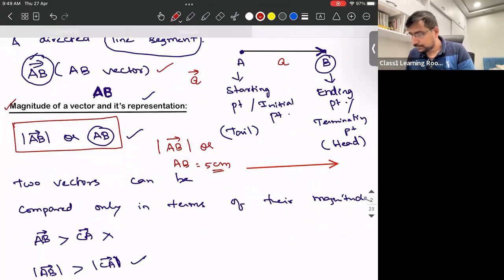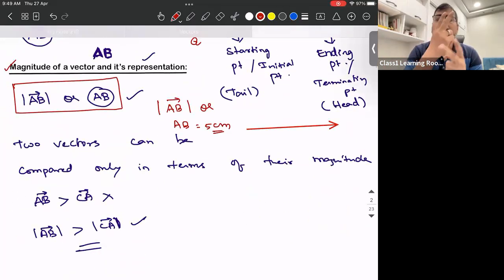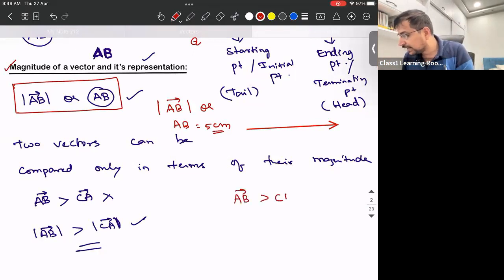Right. So whenever you need to compare two vectors, if somebody tells you that AB vector is greater than CA vector, this does not make sense, because two vectors cannot be compared along with the magnitude and direction. They can be compared only in terms of their magnitudes. You can make a note of this point also.